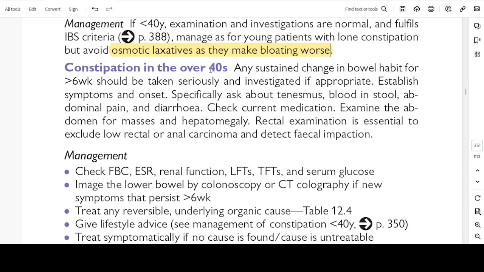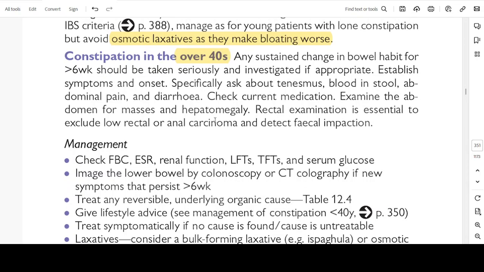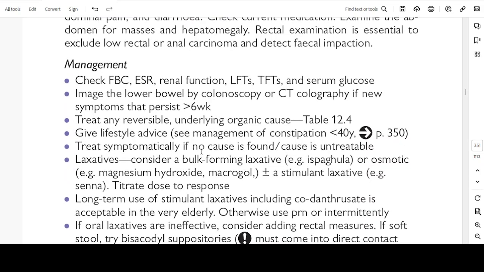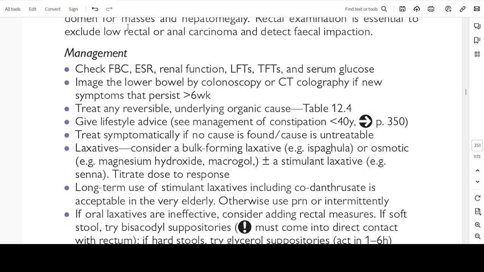So whenever constipation is present under 40 years, it is okay, but over 40 years, a sustained change in bowel habit for more than 6 weeks should be taken very seriously, as it could be the only symptom of cancer.